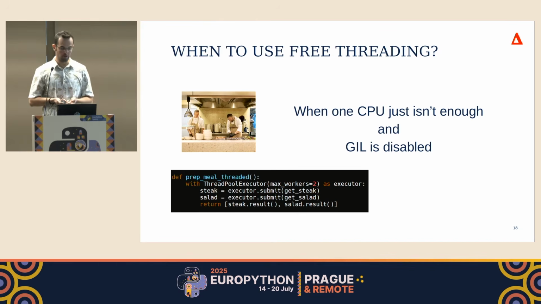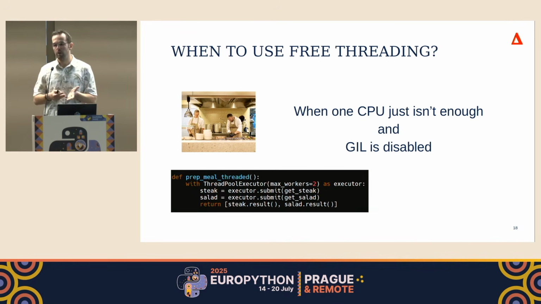That brings the next one, of course: when to use free threading. When one CPU core isn't enough for you and you don't have the GIL, then free threading becomes an option in Python. Like if you have a dish that requires a lot of preparation, a lot of complexity, a lot of work, and just one person is not enough to do all that, you need multiple cooks working together at the same time, right?